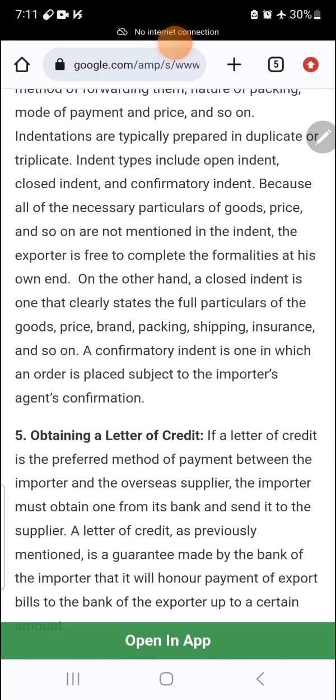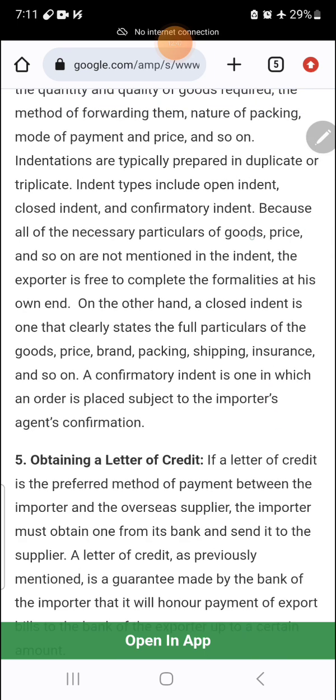Okay, so there are 3 differences, right? Because all of the necessary particulars of goods, price, and so on are not mentioned in the indent, the exporter is free to complete the formalities at his own end.